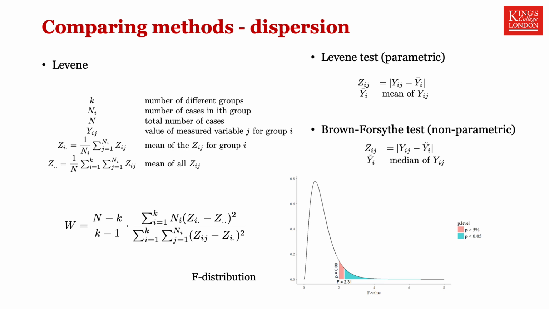And the W statistic that you get follows an F distribution, so you can test if the dispersion is significantly different in one case or another.